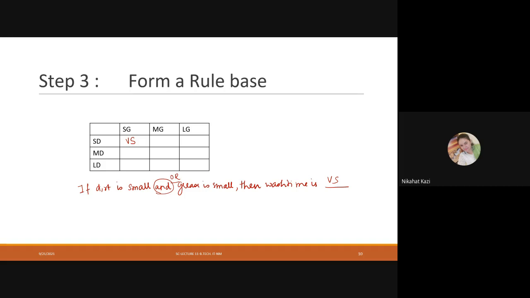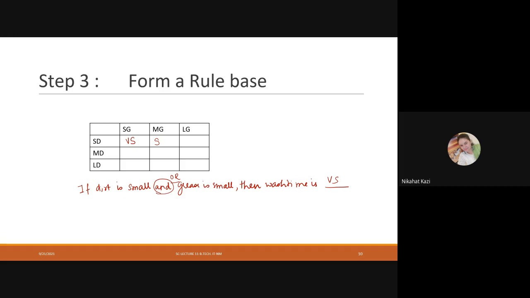So small dirt and medium grease. When the dirt is small and the grease is medium, you have to decide what we should put here. Should it be very short, or should it be short? I can write short, say. Now what I should think of is that grease is comparatively difficult to remove from the cloth, right?